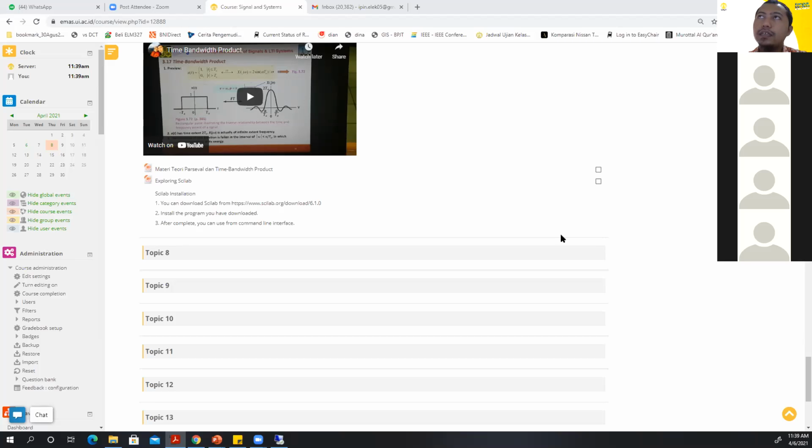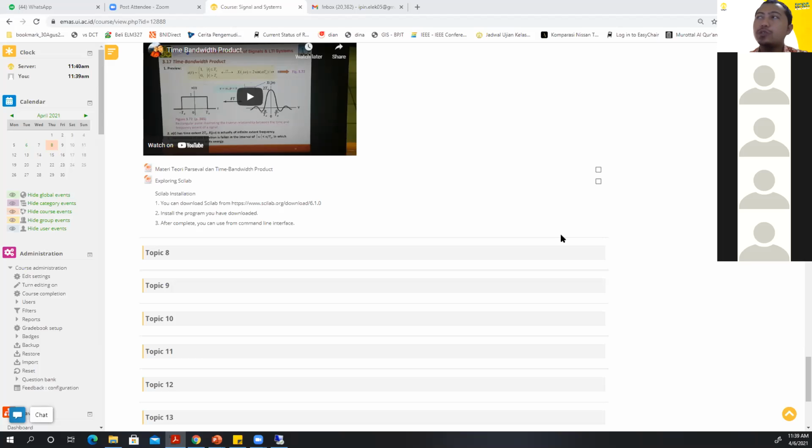If you read the guideline, the SAP that I showed you at the first, you can see there will be 2 times of group works: first before the UTS and another after the UTS.